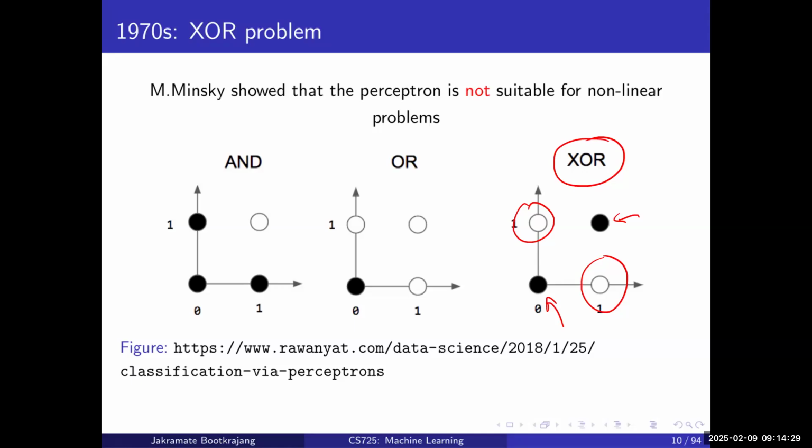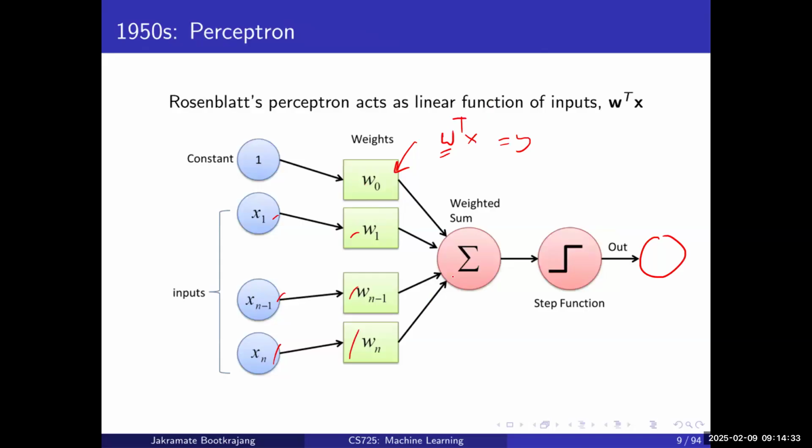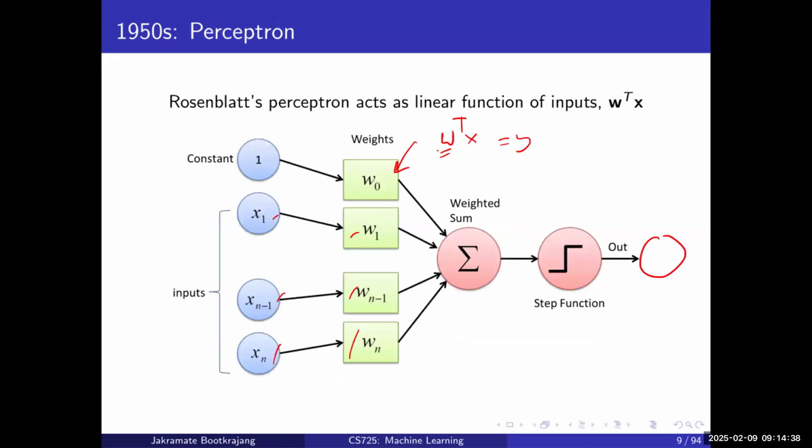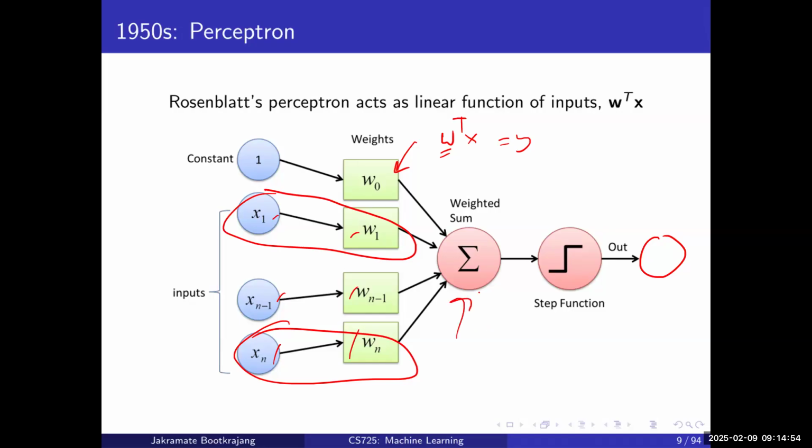So no matter how you train your network, you will never get the XOR gate, because when you take the sum, if this becomes active, separately from this becoming active, you cannot deactivate when both are active, because you can only do the summation, right? So for the XOR gate, this becomes a huge issue.